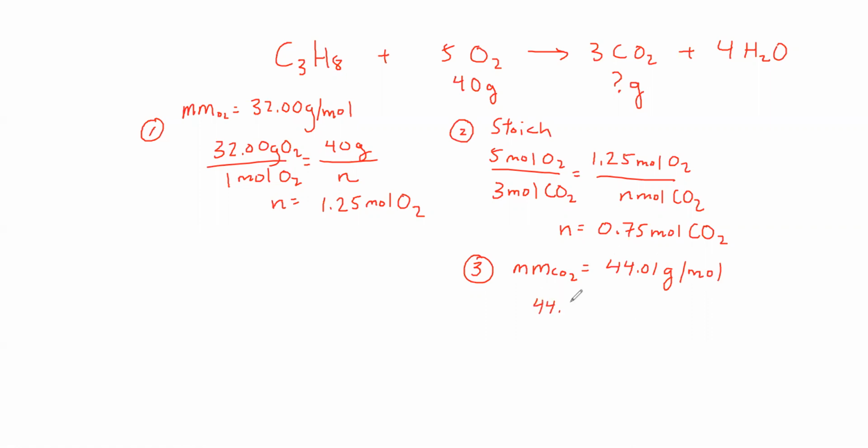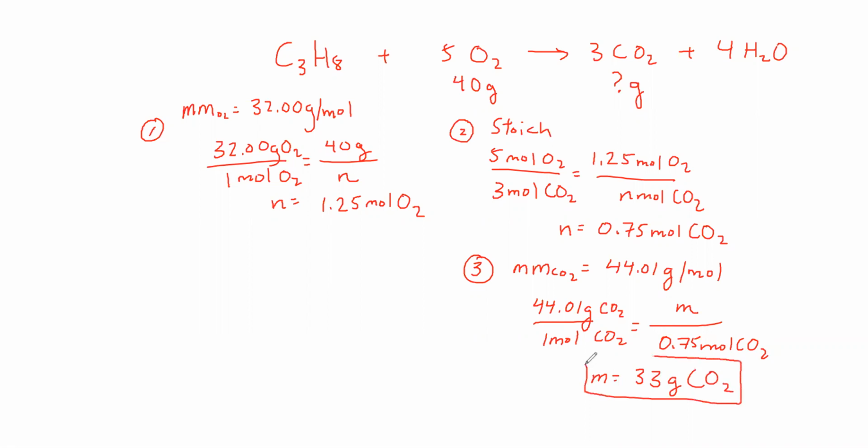And of course, like every problem we've done, we're setting up a ratio or a proportion where it's 44.01 grams per 1 mole of CO2. And I don't have a whole mole this time. I have only 0.75 moles of CO2, which means I have a total amount of 33 grams of CO2 when I go to cross multiplying, therefore finishing my problem and solving the age-old conundrum of stoichiometry.